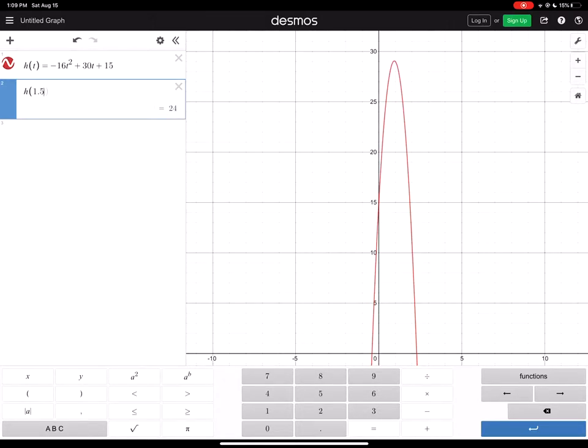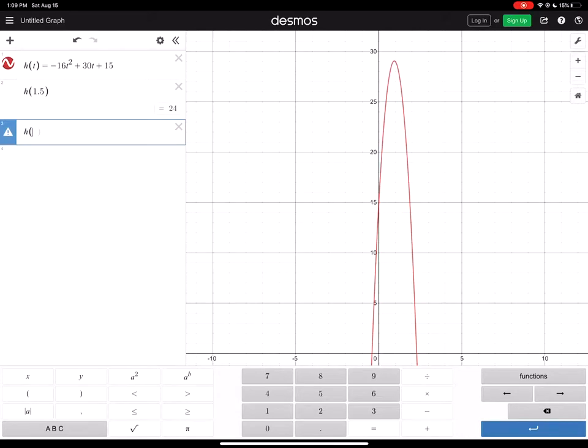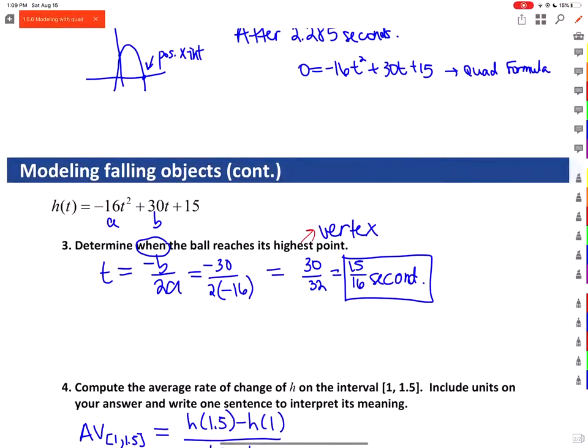While I'm here, I'm also going to type in h of 1, and Desmos will give me a value there too. Now, if you really want to be fancy, you can type in the whole h of 1.5 minus h of 1, all divided by 1.5 minus 1, but I'm not going to do that. So 24 and 29. All right, back to my screen here.